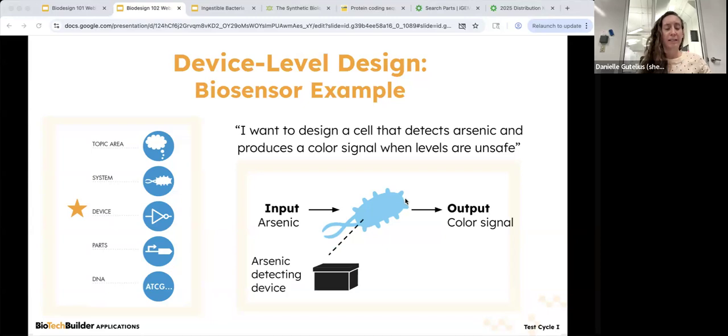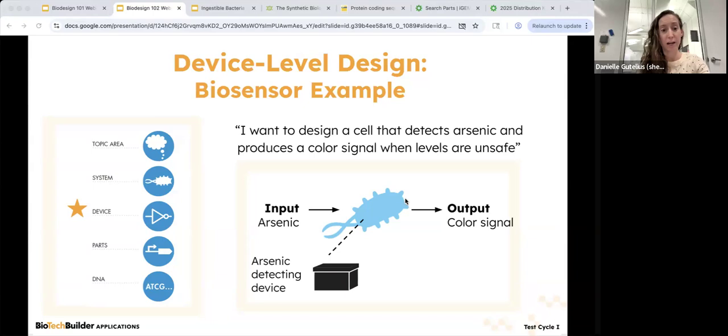So looking at our example from last webinar, we set up this example where we wanted to design a cell that would detect arsenic in water and produce a color signal when levels are unsafe. So here we define the input as arsenic. That's what's going to trigger our system to function. And if the arsenic is present, the output would be a color signal.